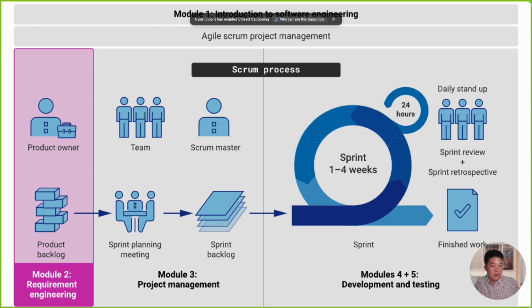We, as the product owner, need to elicit the requirements. That's what we learned last week. And now for each requirement, we need to classify it into functional requirement or non-functional requirement, and work out how we can turn the requirement into a user story. That's what we are going to learn today.